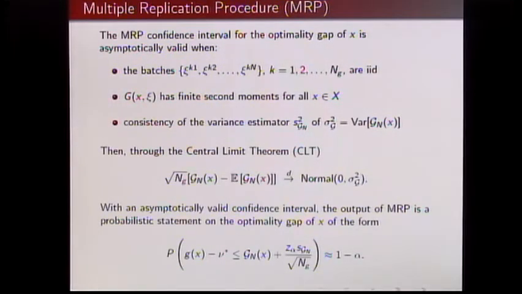All it's saying to me is, look, this is my expected g of x. Remember, this is what I'm trying to estimate: the optimality gap of x. It tells me my optimality gap for a given solution x is within the width of my confidence interval with approximately 95% probability.